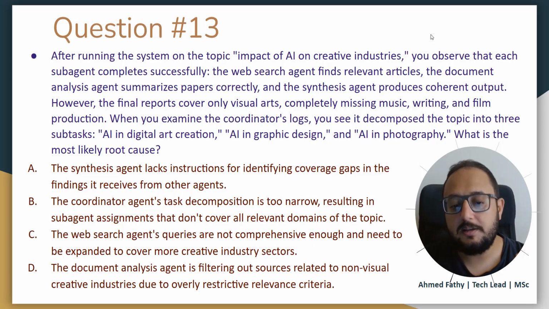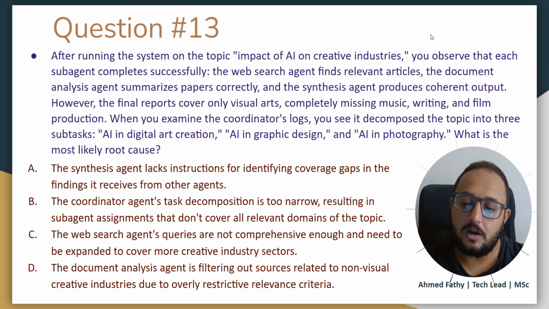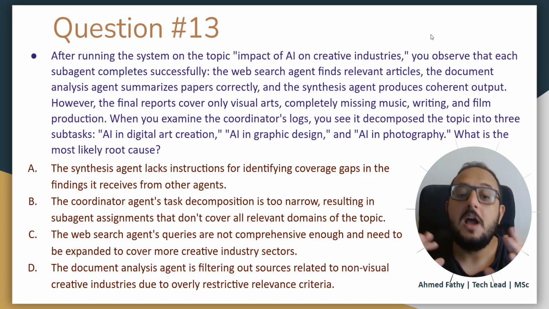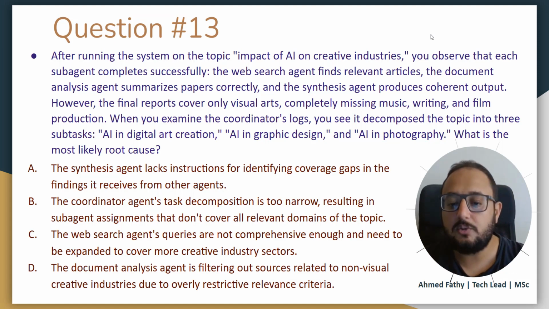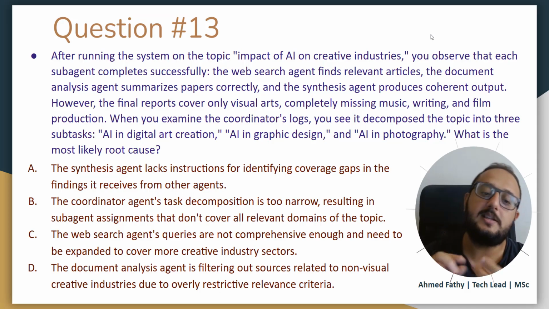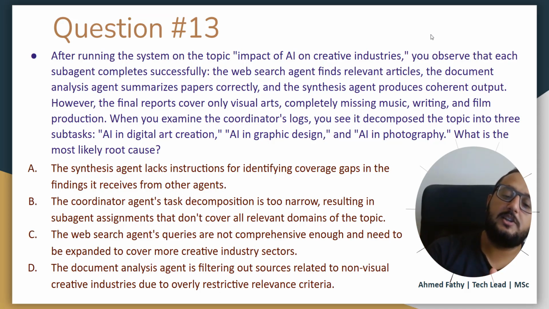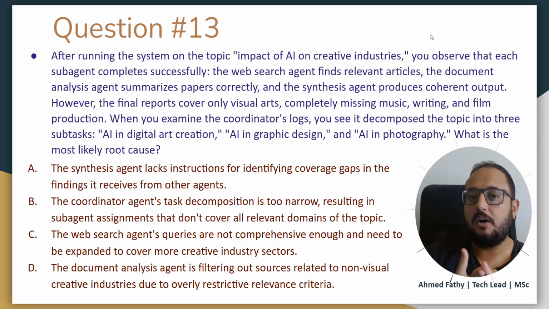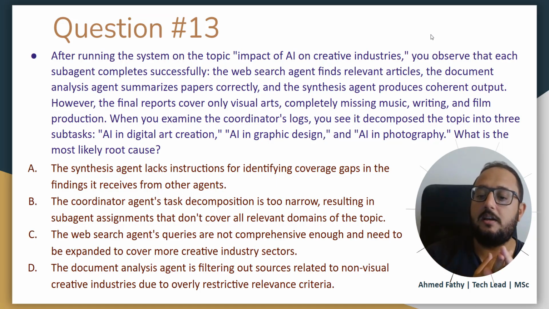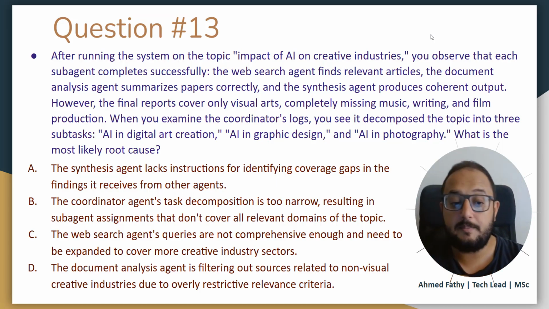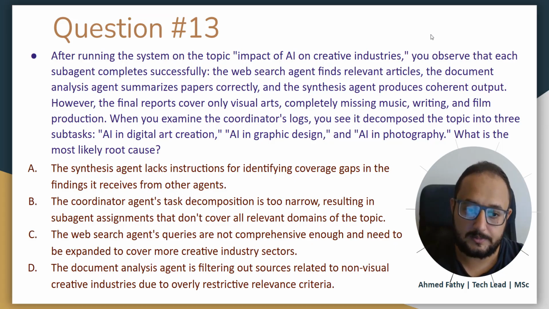However, the final report covers only visual arts, completely missing music, writing, and film production. When you examine the coordinator's logs, you see it decomposed the topic into 3 subtasks: AI in digital art creation, AI in graphic design, and AI in photography. What is the most likely root cause?